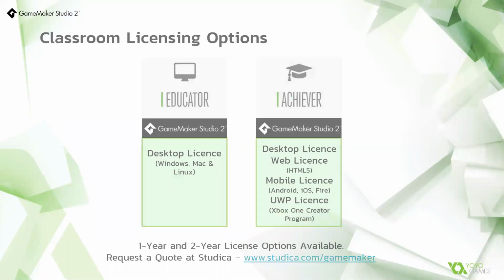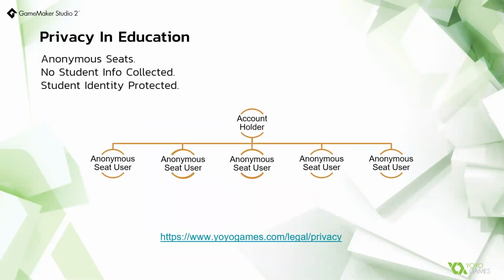Which brings me on to privacy. The teacher acts as a seat manager, and they receive a perpetual Educator desktop seat that they can use to investigate and set up the class. The seats are entirely anonymous, including the usernames and passwords, which are randomly generated, so there's no personal information collected at all.